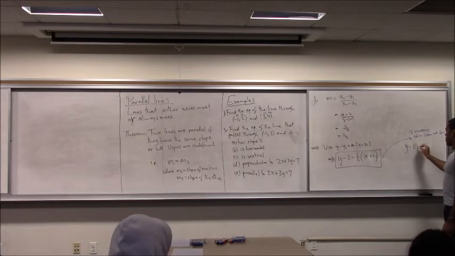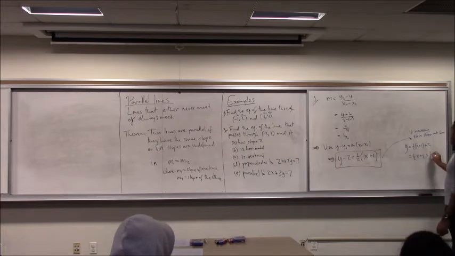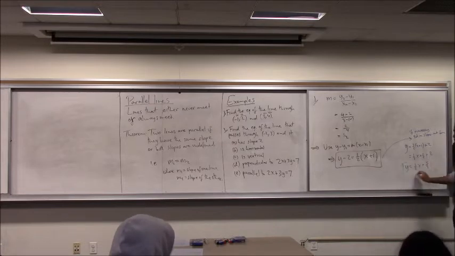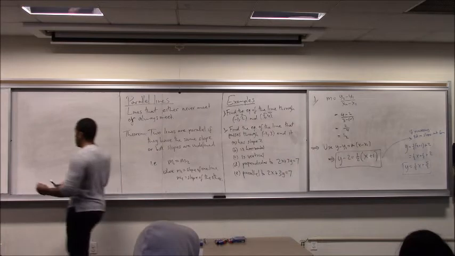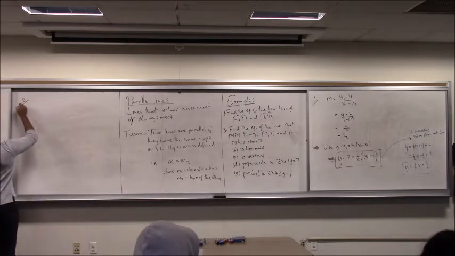This would be 1/2 x plus 1/2 plus 2, which is 1/2 x plus 5 over 2. You should know how to go between 1 and 2.